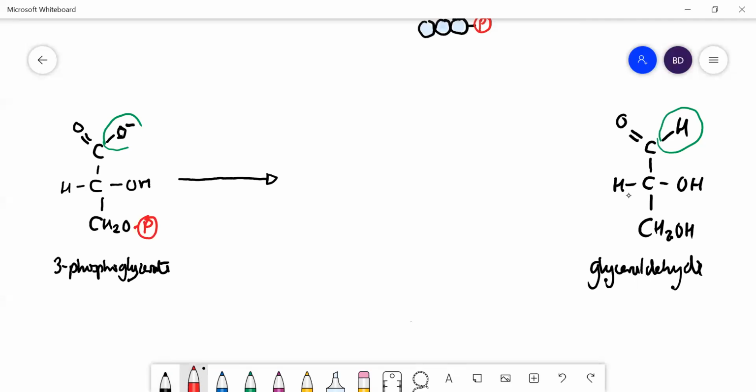So you've got ATP coming in here, and the last phosphate group gets transferred onto the end here. So we've got a phosphate on there now.